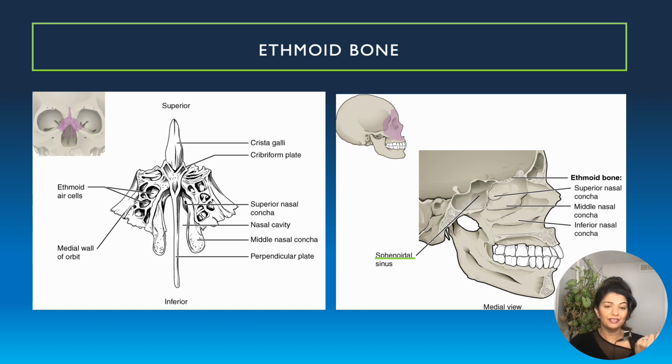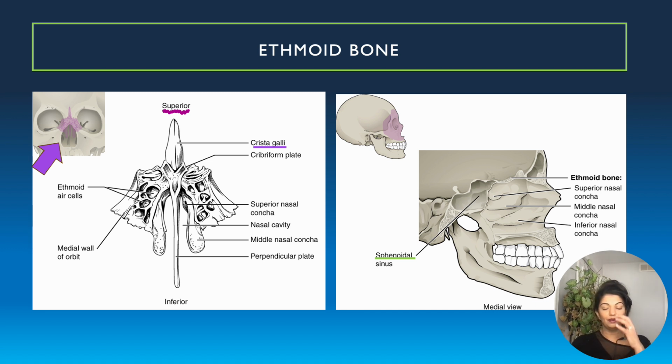Now, if you look at the visual we have here, from a superior perspective, there is something called the crista galli. If you remember what that means, it translates to rooster's crest.